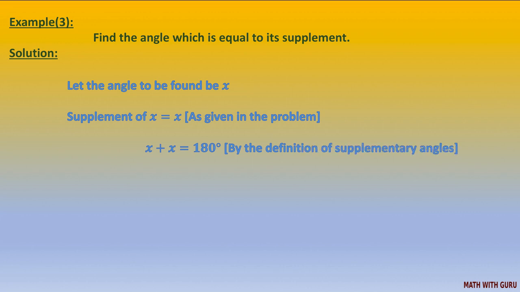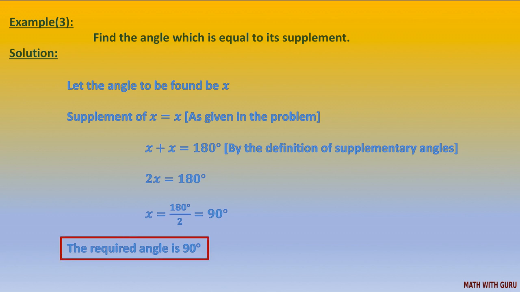Sum of two supplementary angles is 180 degrees. 2x equals 180 degrees. Let us solve this equation for x. We get x equals 90 degrees. So, the measure of the required angle is 90 degrees. 90 plus 90 is equal to 180, isn't it?